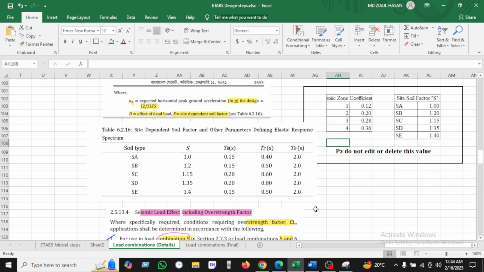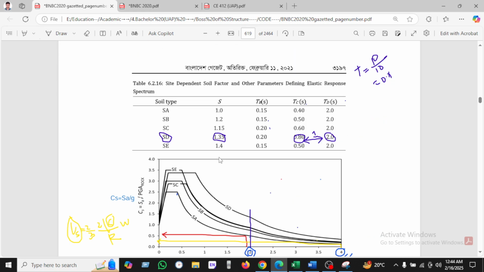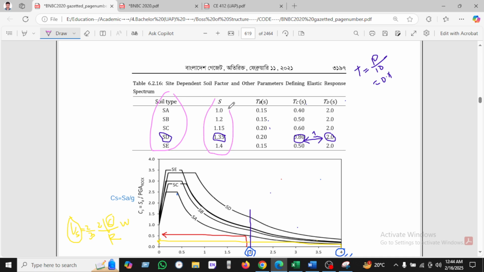And another one we can see here, site classification. We have already seen the site dependent soil factor and other parameters depending on elastic response. So these are the soil types, and this is the S value, which is the soil site factor.